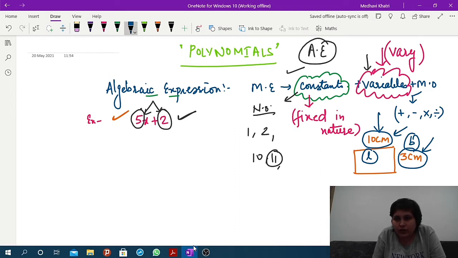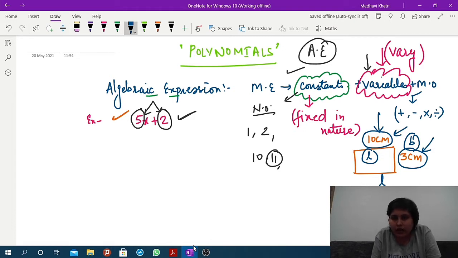So what we'll be doing, we'll be replacing this 10 centimeter with the alphabet L, denoting the length of the rectangle, and this 3 centimeter with the alphabet B, denoting the breadth of the rectangle. Why have I written alphabets here? Because this will show us that L can take any number of values, and B can also vary any number of times. Okay, so now we are not restricted to just 10 centimeter and 3 centimeter.